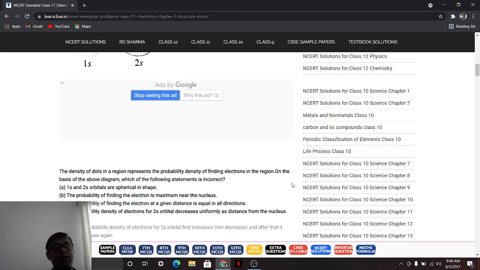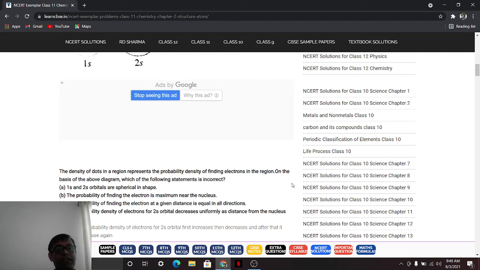1s and 2s orbitals are spherical in shape. Correct. The probability of finding the electron is maximum near the nucleus. That is also correct. The probability of finding the electron at a given distance is equal in all directions. That is also correct. The probability density of electrons for 2s orbital decreases uniformly as distance from the nucleus increases.